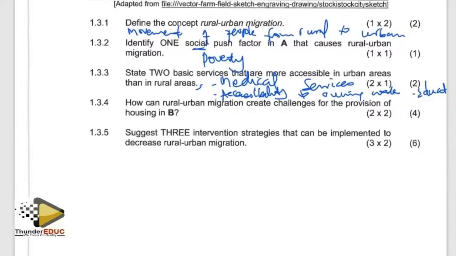Okay. How can rural urban migration create challenges for the provision of housing in B? How does it create challenges? So it will mean that houses are going to be insufficient compared to the number of people.